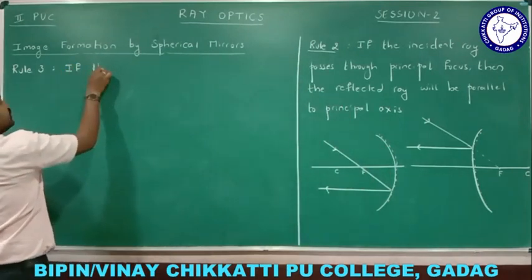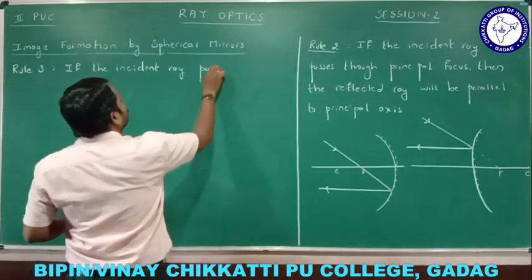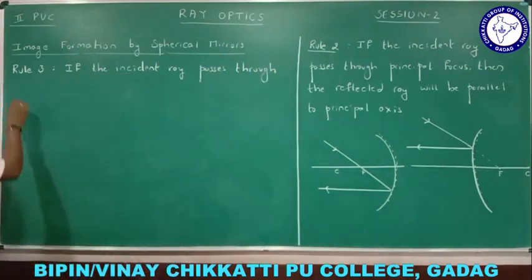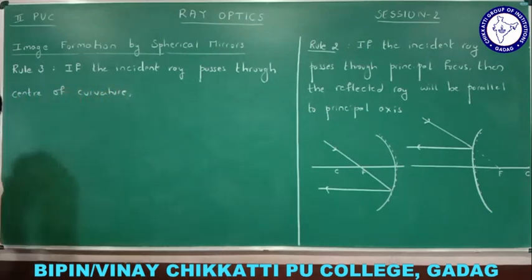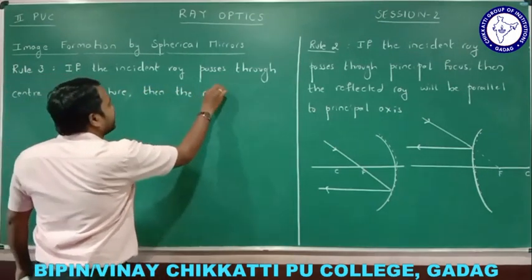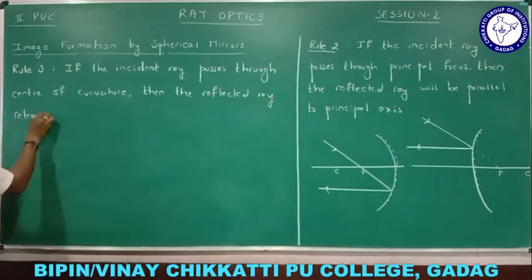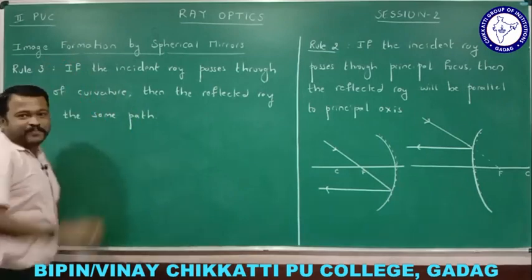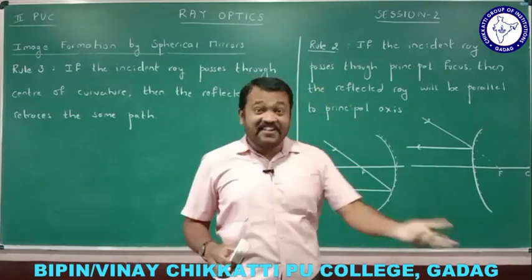If the incident ray passes through the center of curvature, then the reflected ray retraces the same path. This is rule number 3.